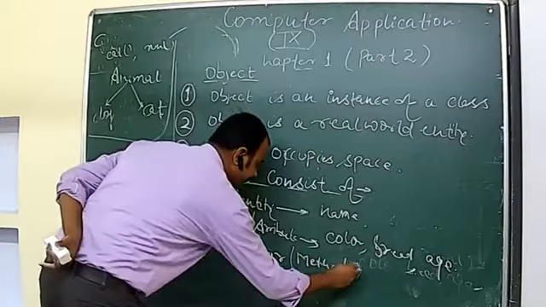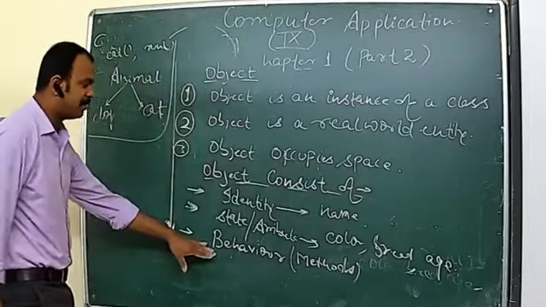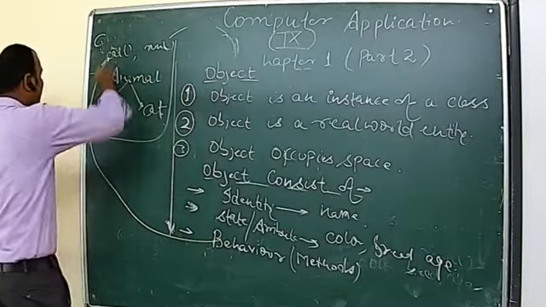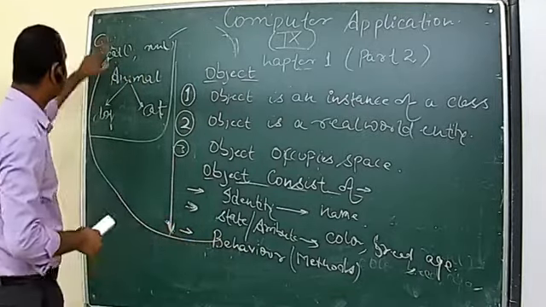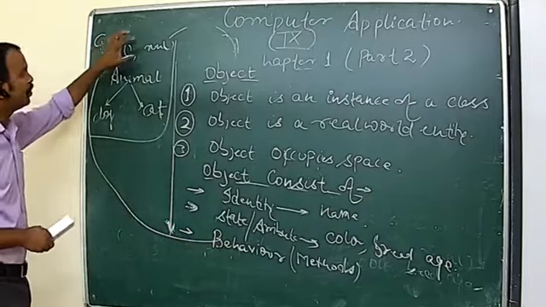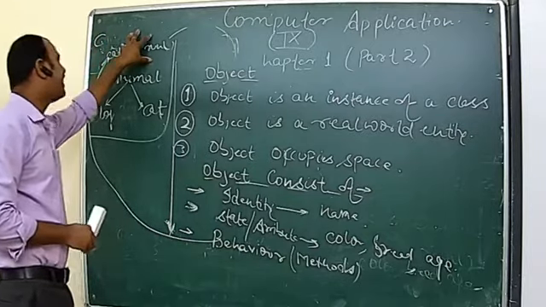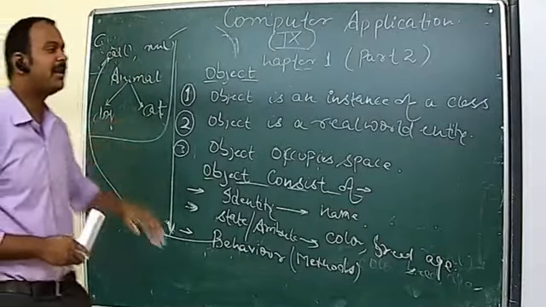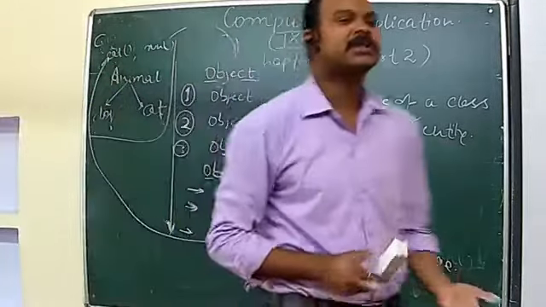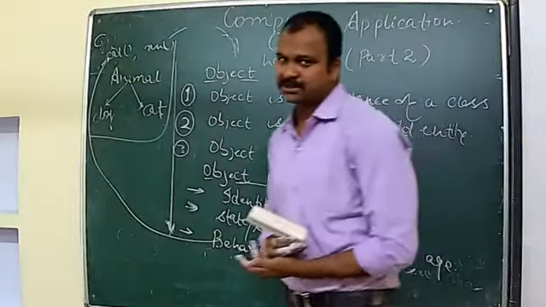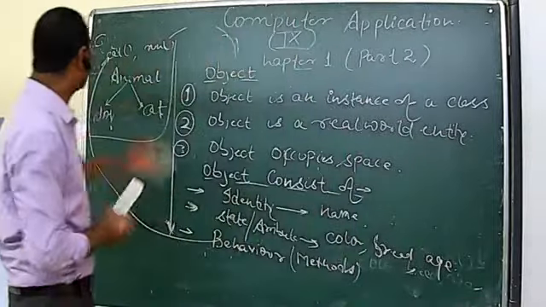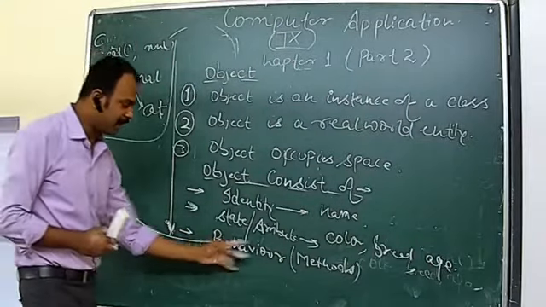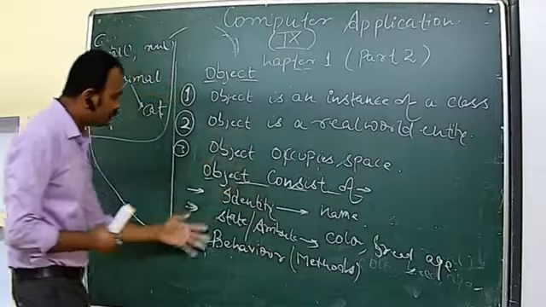It will have some kind of behavior, because behavior means those methods which are being used by this dog. If I talk about a dog or a cat, they will do some tasks, okay, and these tasks are called methods or behavior. So this is your object. Clear?